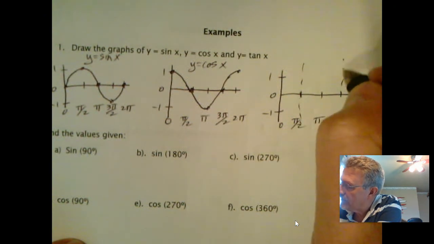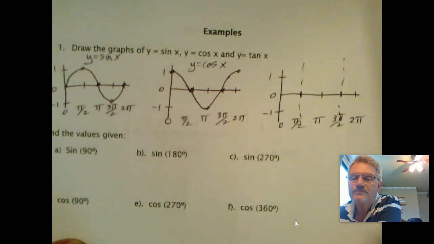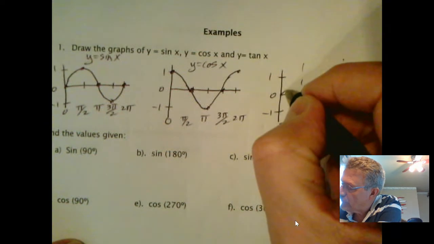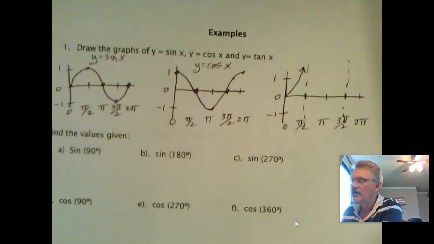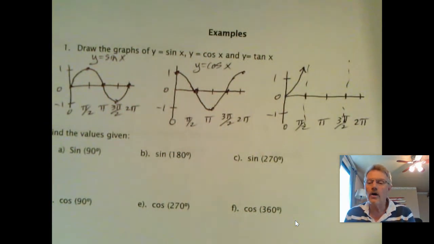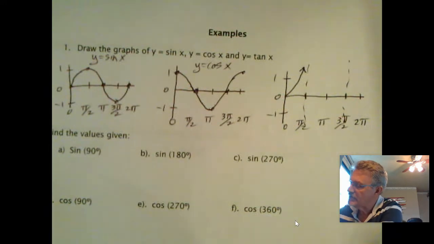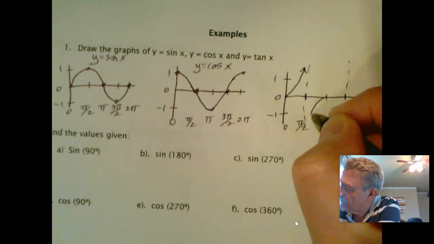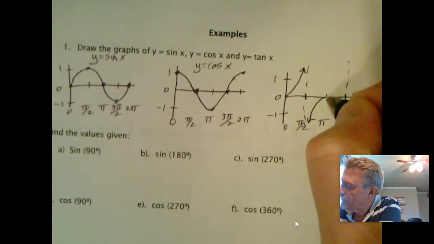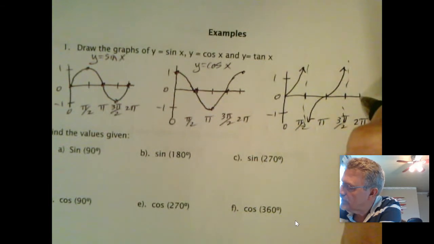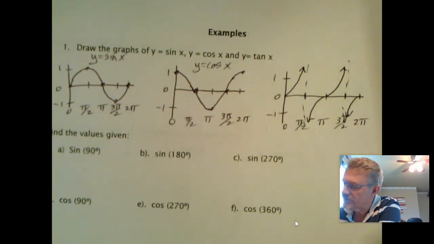It's asymptotic at 270. In the first quadrant, tangent is positive. So guys, look at all three of those graphs in the first quadrant. All three of them are positive. In the second quadrant, tangent is negative. Third quadrant looks just like the first. Fourth looks just like the second.